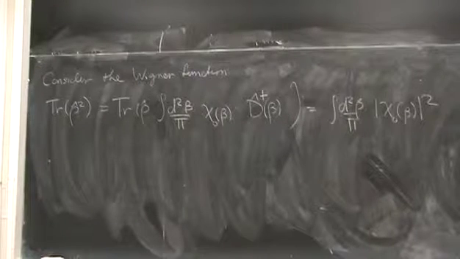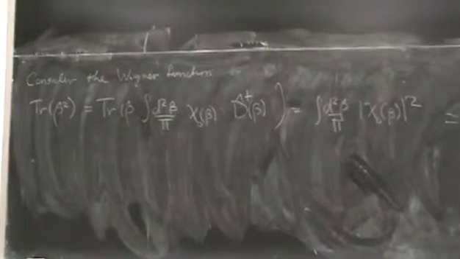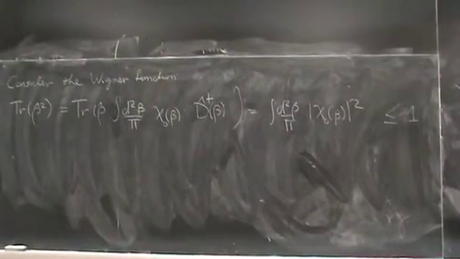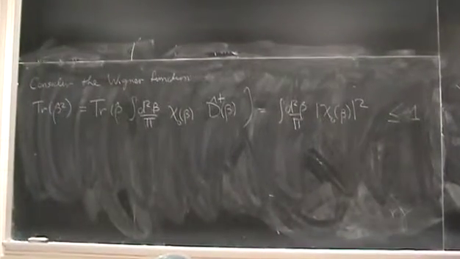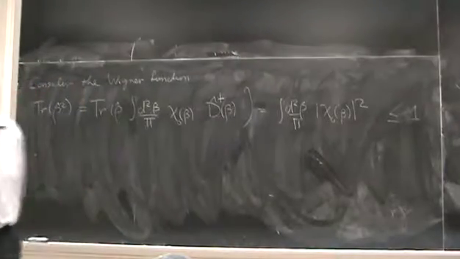That's what I did. So this is the trace of rho squared, and is this finite? Yeah. If it's a physical state, this is less than or equal to 1. So this is always a square normalizable function. The characteristic function of the Wigner function is always square normalizable if I have a physical state.